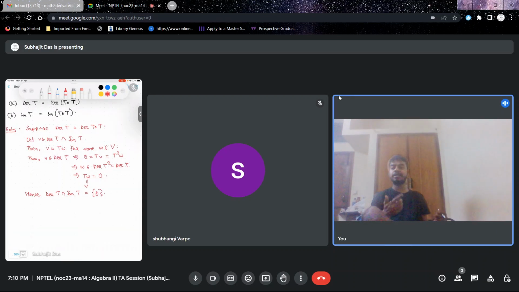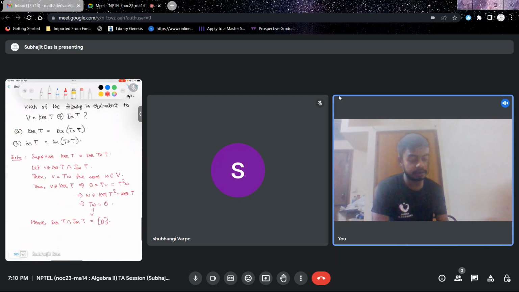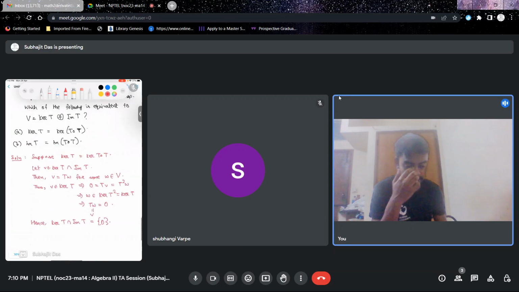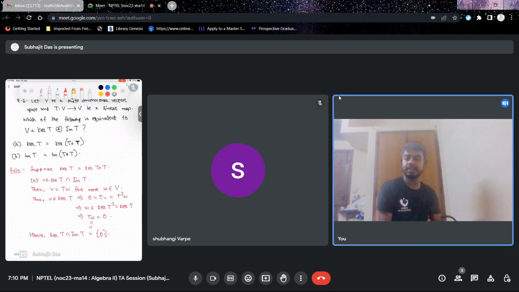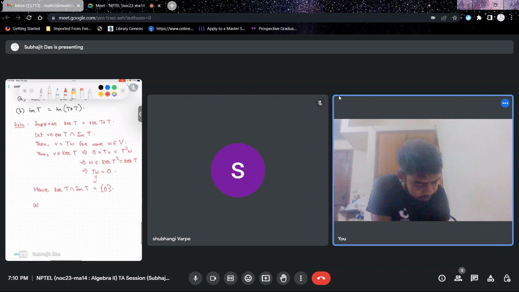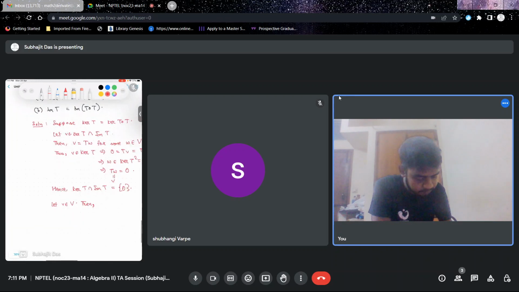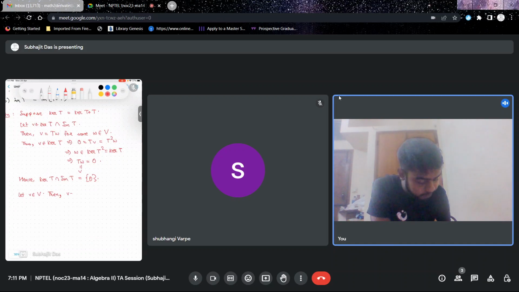So we are one step closer to showing that V can be written as a direct sum of the kernel of T and the image of T. The rest that we need to show is that every element of V can be written as a sum of an element of kernel of T and an element of image of T. So let v belong to V, then you can write v is equal to v minus Tv plus Tv, right?